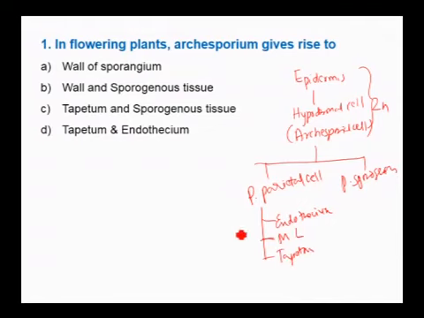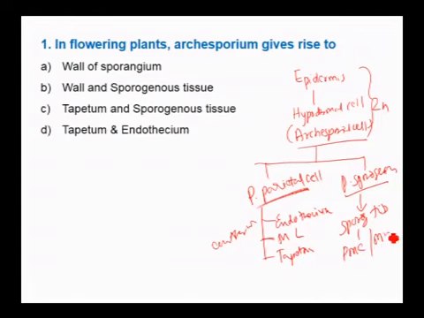Therefore, the anther wall is formed by primary parietal cell of the archisporium, whereas primary sporogenous cell produces sporogenous tissue.